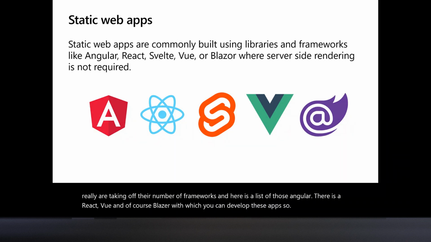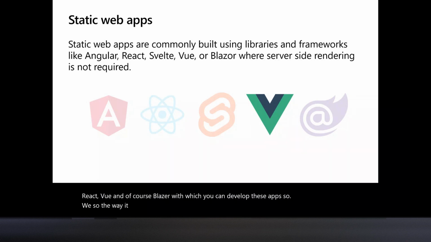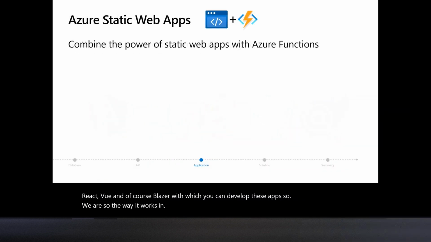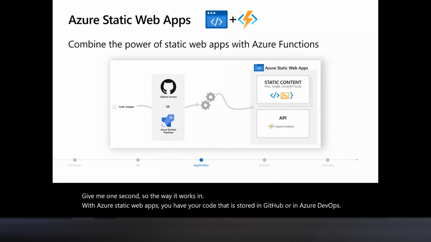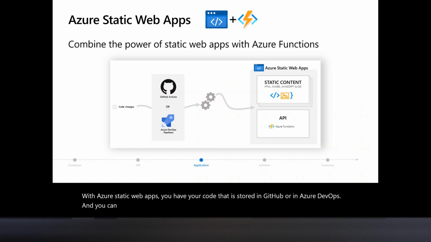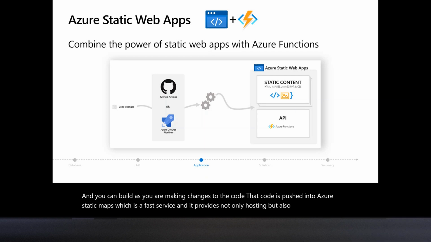So the way it works with Azure Static Web Apps, you have your code that is stored in GitHub or in Azure DevOps, and you can build as you are making changes to the code. That code is pushed into Azure Static Web Apps, which is a PaaS service, and it provides not only hosting but also some very important features.